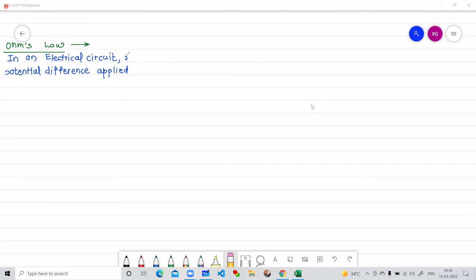A ratio of potential difference applied to current flowing.